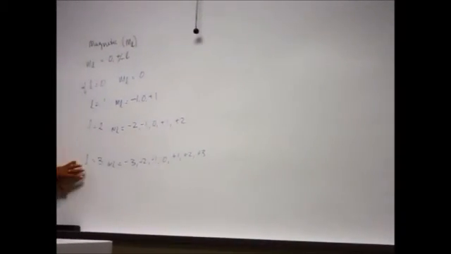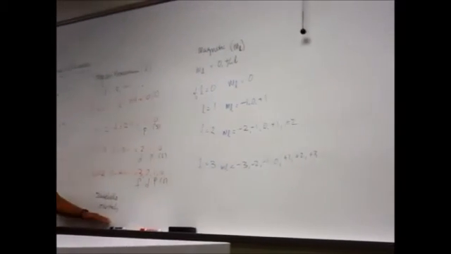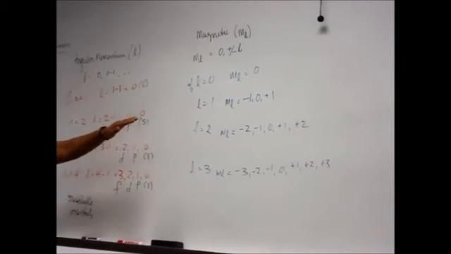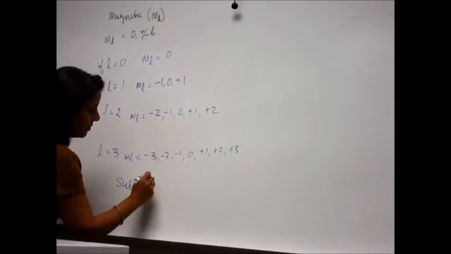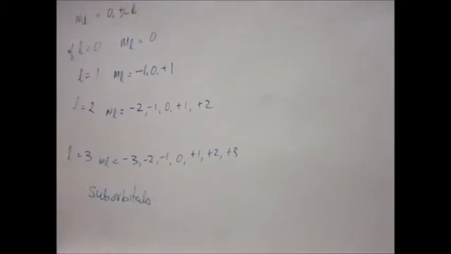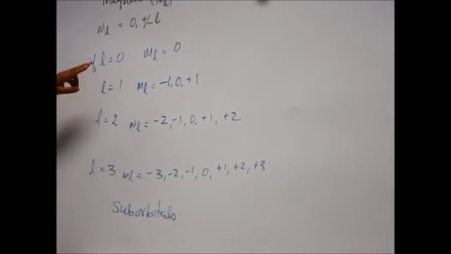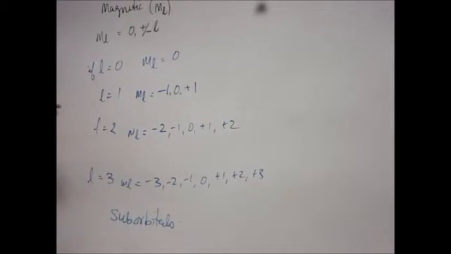These plus and minuses are even further down and deeper than the subshells or orbitals. So these are called suborbitals, which means that L equals 0 has only 1 suborbital. L equals 1 has 3.